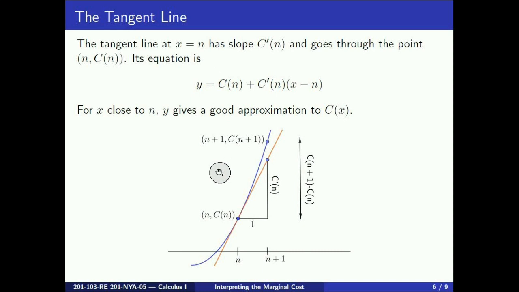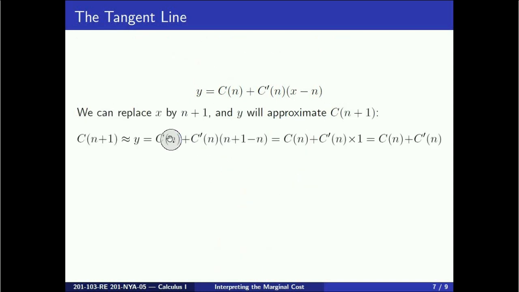If we replace x by n plus 1, which is close to n, then C of n plus 1 is approximately y, which is equal to C of n plus C prime of n times n plus 1 minus n. As you can see, the last bracket simplifies to 1. So overall, we get C of n plus C prime of n.